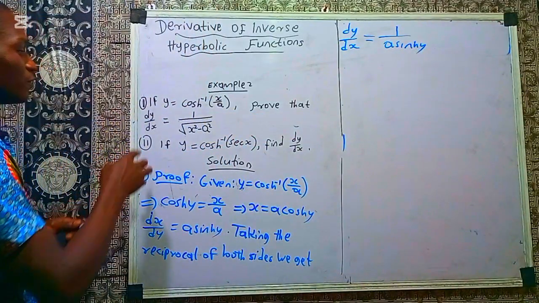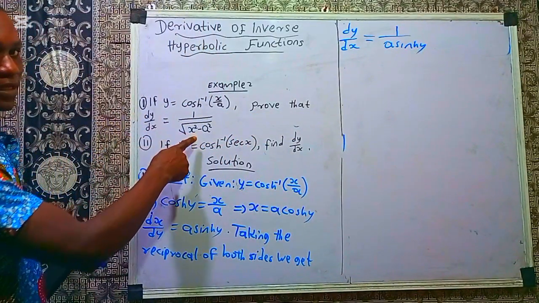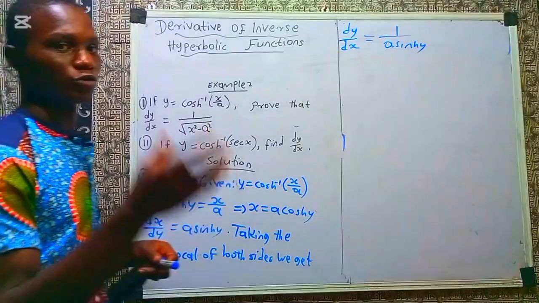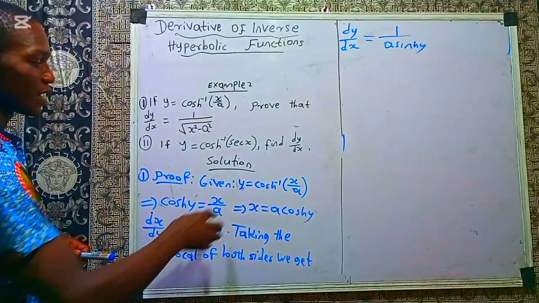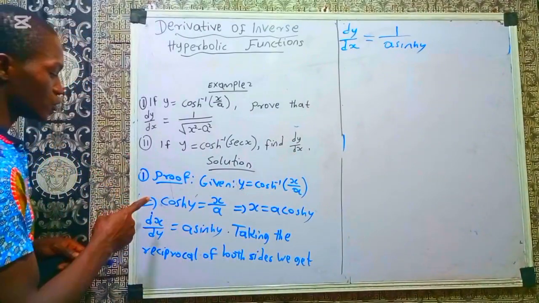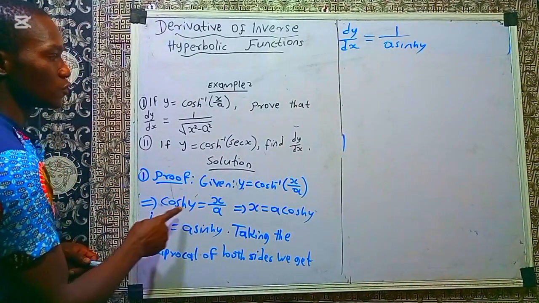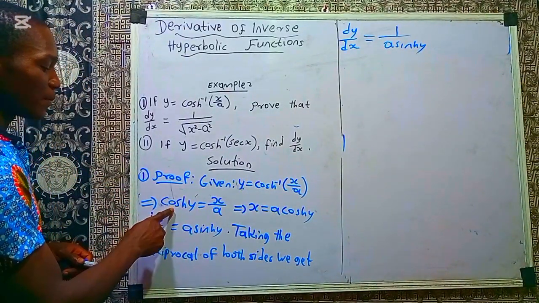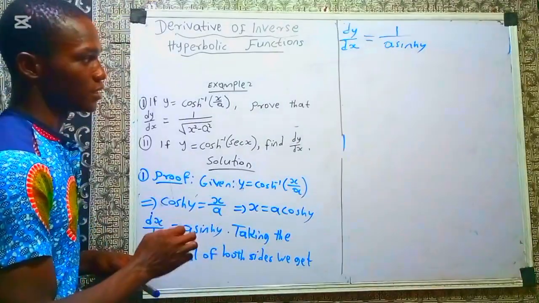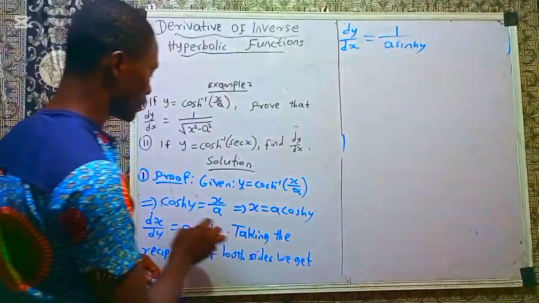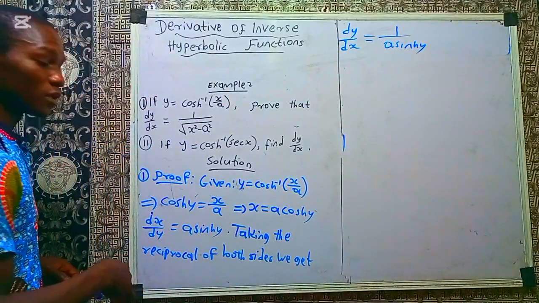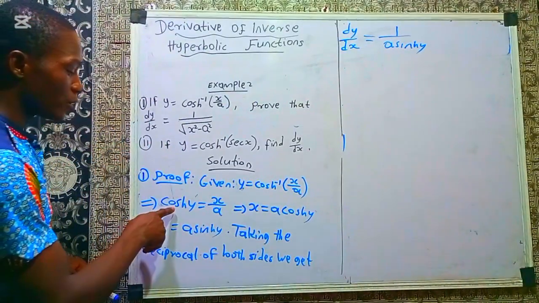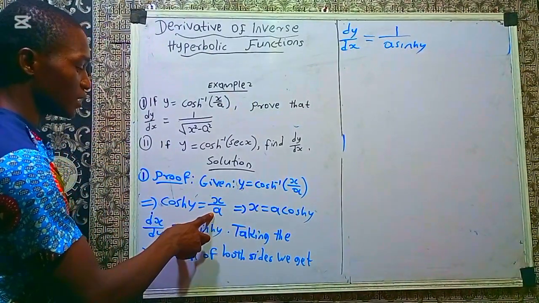But in our proof, dy/dx is written in terms of a and x. So what do we do? You go to the first step of your proof. After writing what is given to you, the first step you took is this one: hyperbolic cosine of y is x over a.